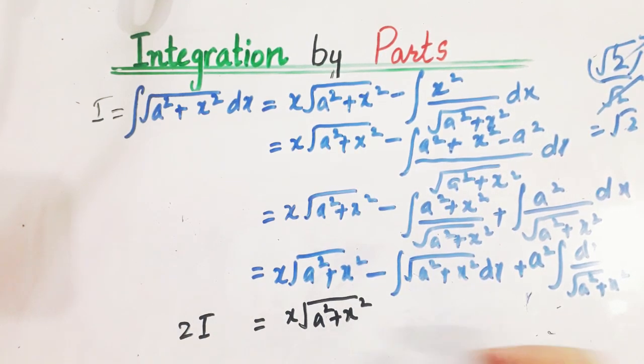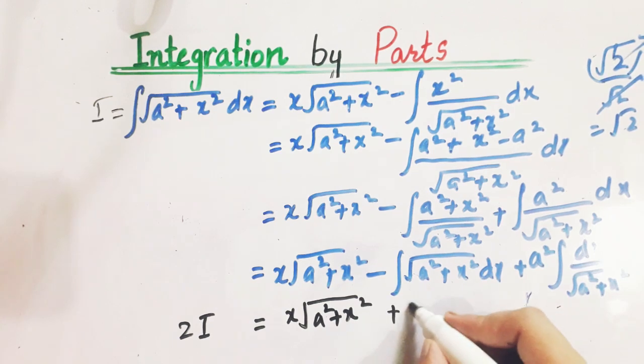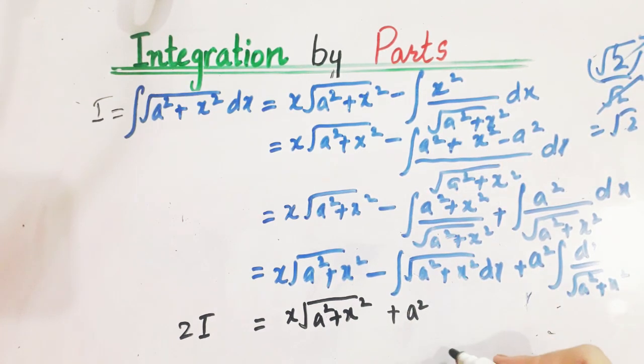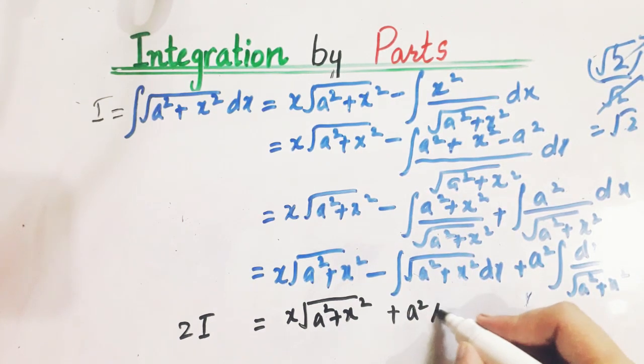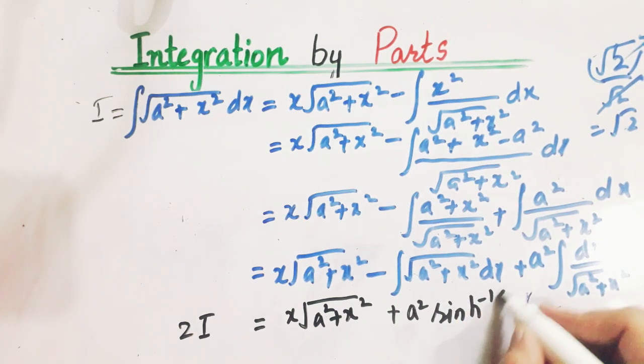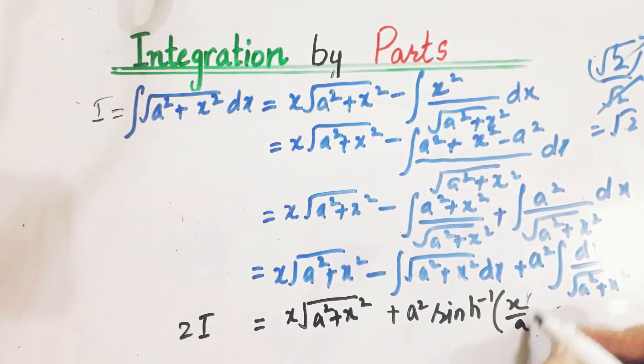This will be added in the left hand side. So remaining is a square, and integration of this will be sine hyperbolic inverse of x over a. Now this 2 is divided by this side and we get the final answer.